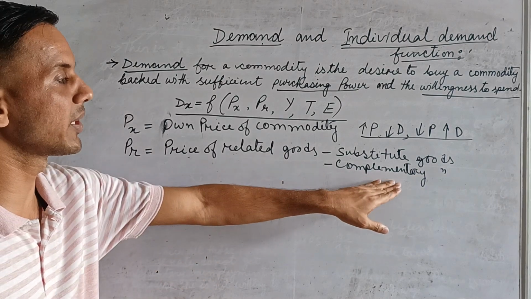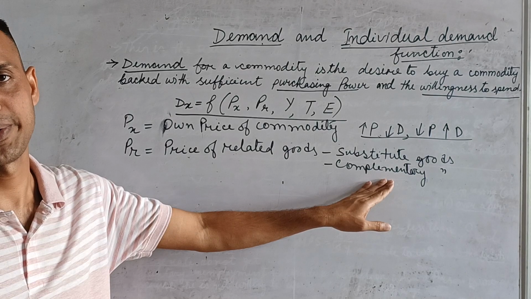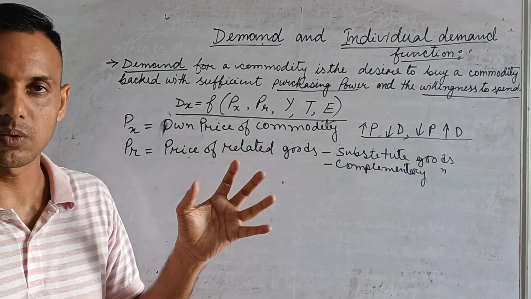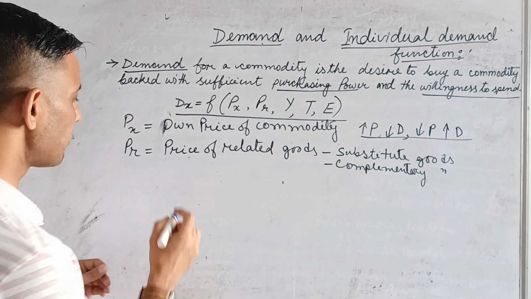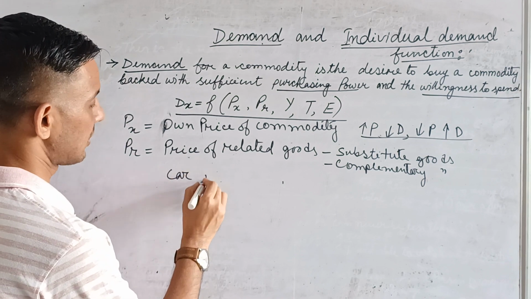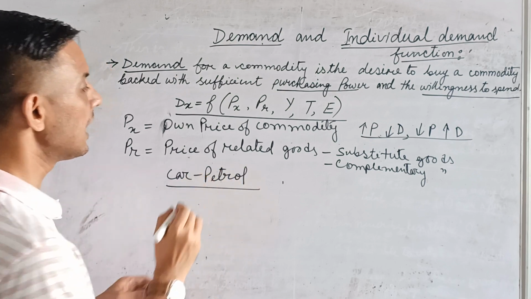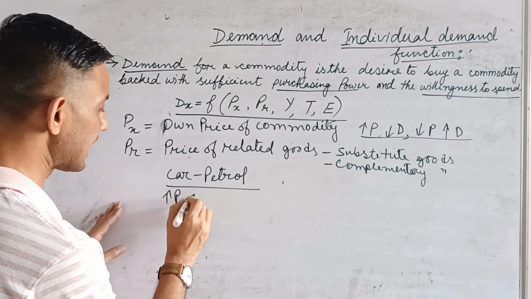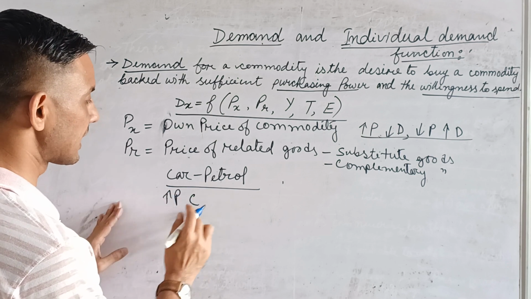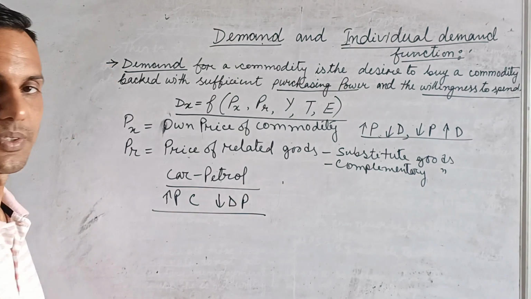Then complementary goods can also determine your demand. Complementary goods are goods which you have to use together, for example car and petrol. Car and petrol are both complementary goods. When the price of car increases, then the demand for petrol decreases.